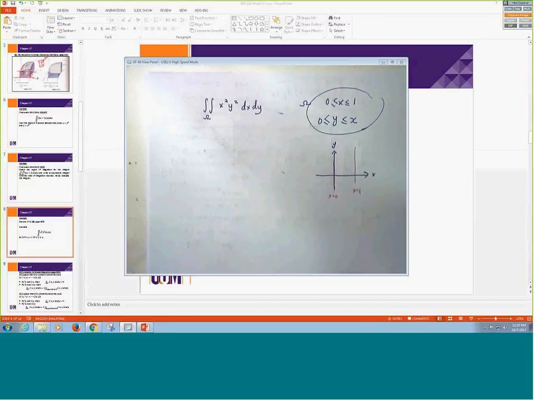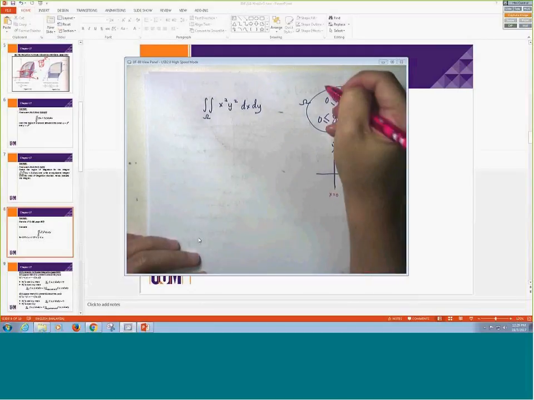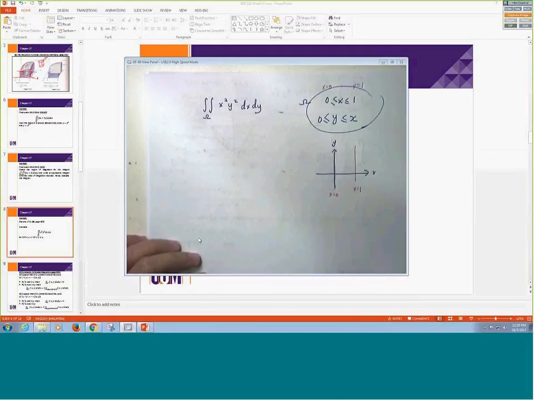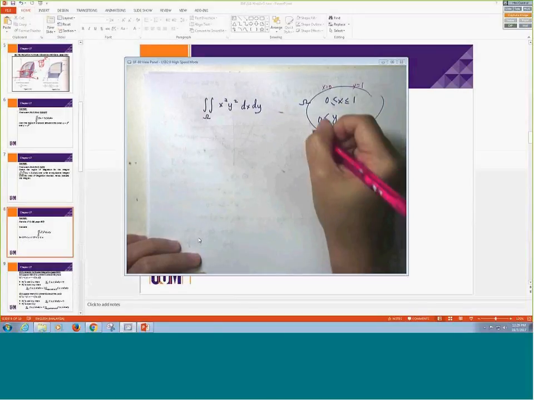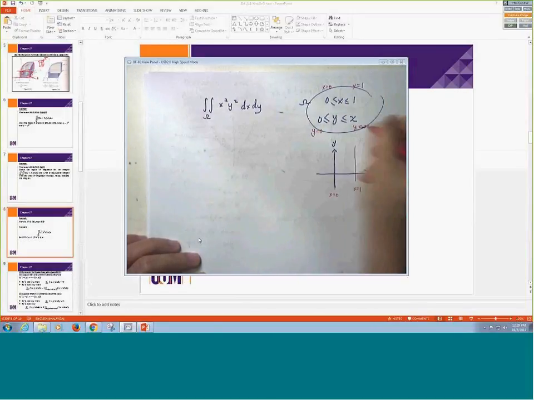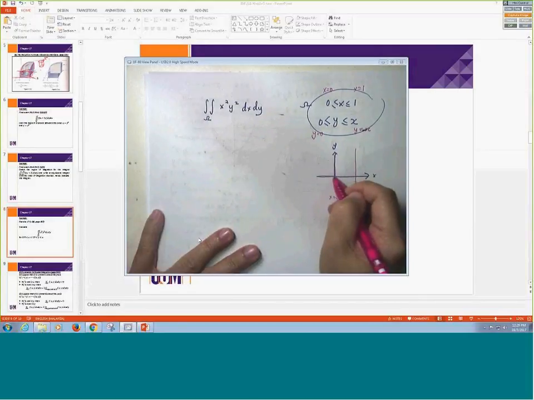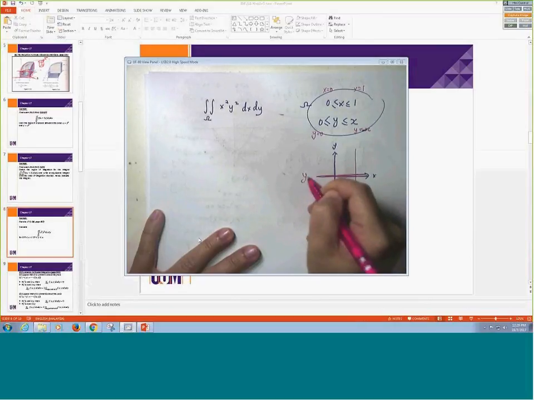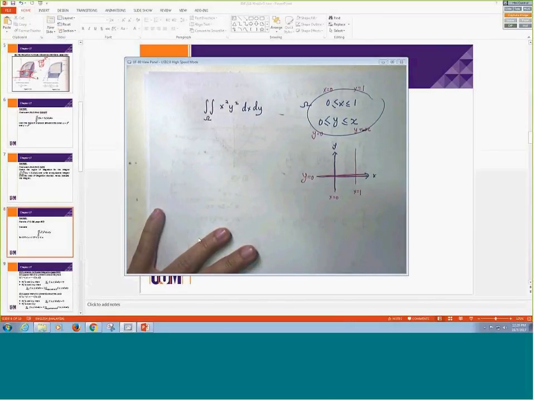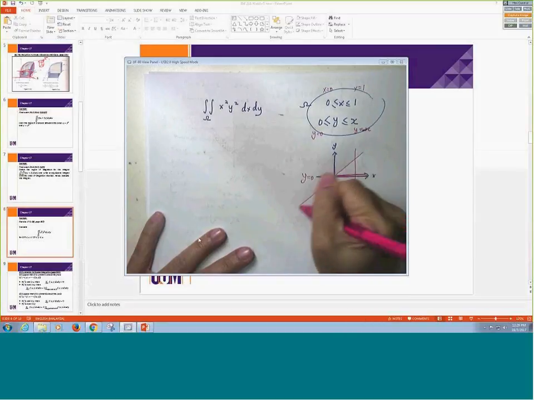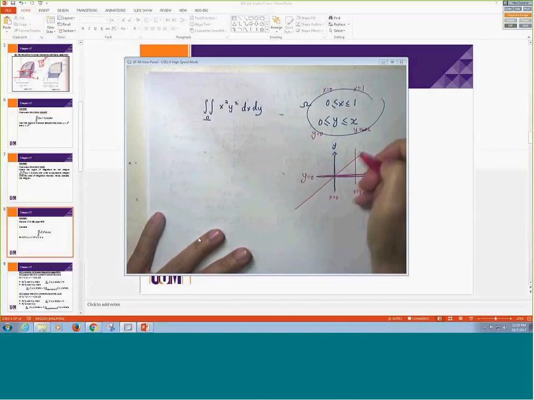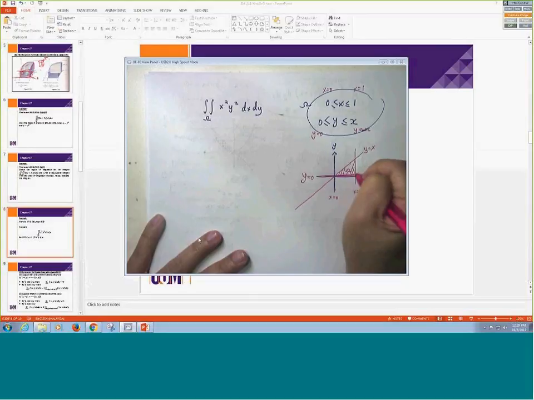And then y is from y equals 0 to y equals x. So y equals 0 is the line, the x-axis actually. And y equals x passes through the origin. So the region omega is actually this one.